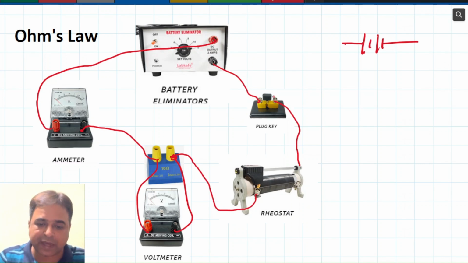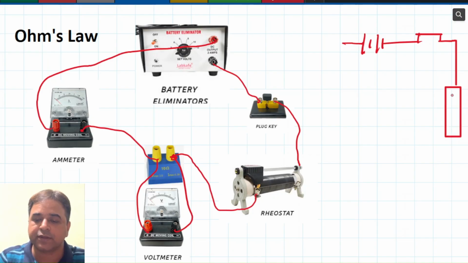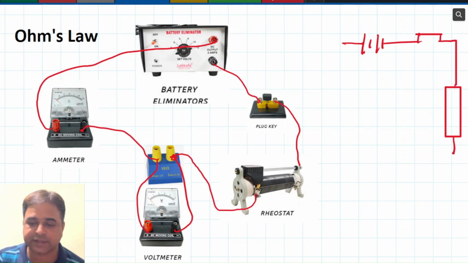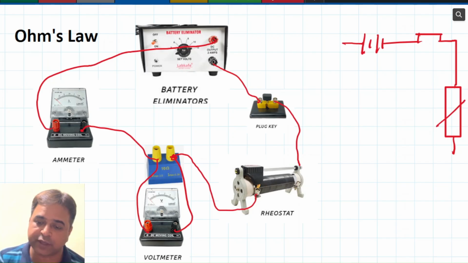Since it is plugged in, we will be drawing this kind of symbol which shows it is plugged in or the circuit is complete. After that, you have variable resistor. For that, you can draw this kind of symbol. Since the same symbol goes for resistance, to show that it's a variable resistor, you will be drawing this kind of arrow.